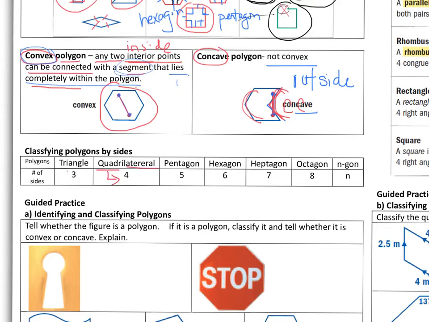And lateral means side. Okay, and then here you have a pentagon. The prefix just means 5. Hexagon means 6. Hept means 7. Oct means 8. And if you have n sides, we just call it an n-gon.